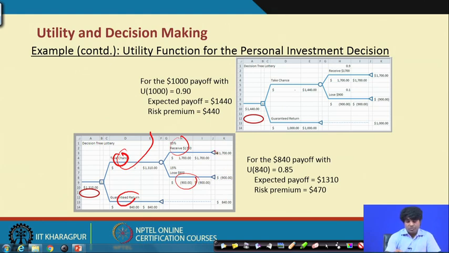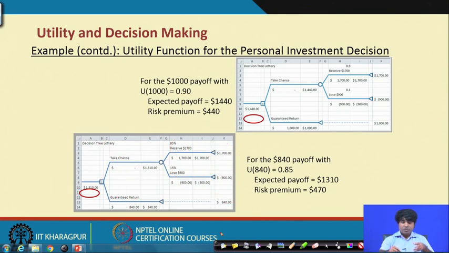So, we have two different levels of output, and the corresponding expected value is like this, and here also expected levels corresponding to the loss of 15%, and then again in the guaranteed returns we have an expected pay. Then finally, we have three different levels of outcome, and we can apply the conditional outcomes, or we can try to find out which one is the best outcome with respect to all possible outcomes, and that too for this personal investment decision.